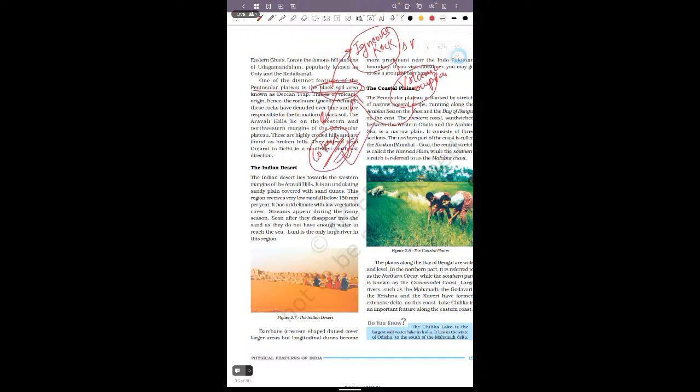So we have seen the formation of the Peninsular Plateau, how Gondwana and Pangaea broke down, and how it moved towards the north after the breakdown with the Australian Plateau.